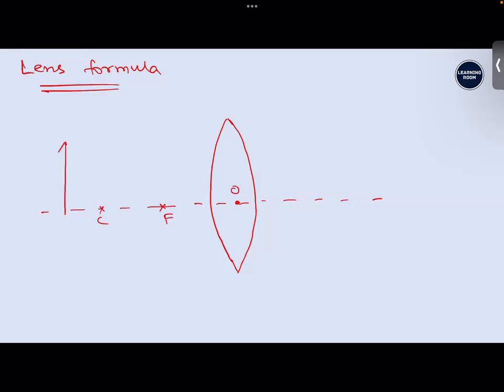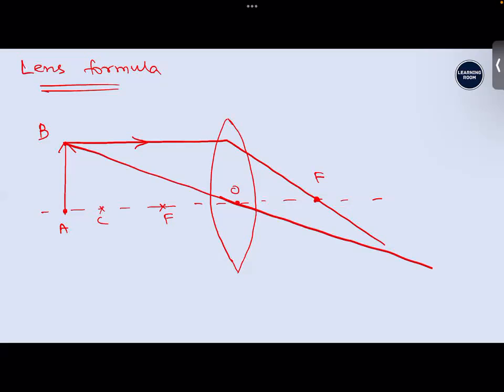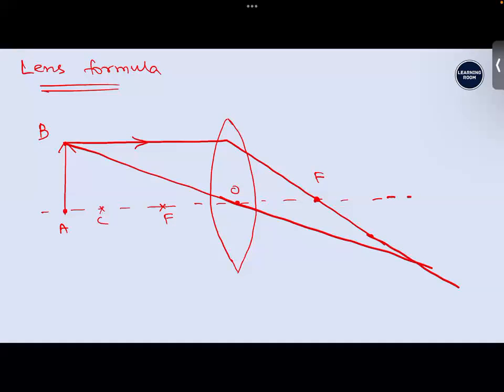So when you place the object beyond the center of curvature, let me call this AB. The ray traveling parallel to the principal axis after refraction will pass through the focus on the other side. And the ray through the optical center will travel undeviated.